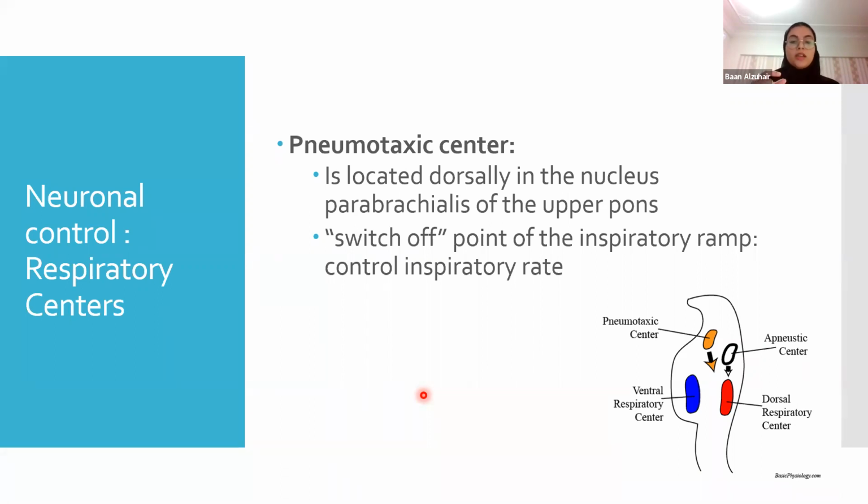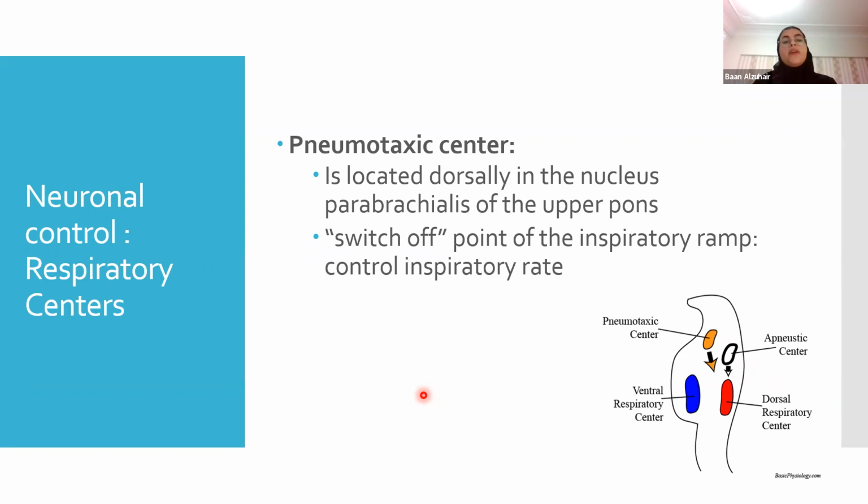You're going to take short breaths, high frequency and low volume. You're not going to be able to breathe in as much as you would like to. So you're going to breathe like this. You see, the frequency is really high, but the volume you're breathing in is actually small.